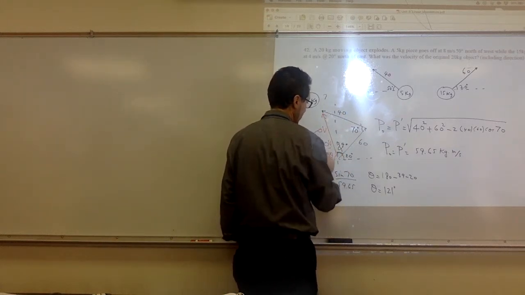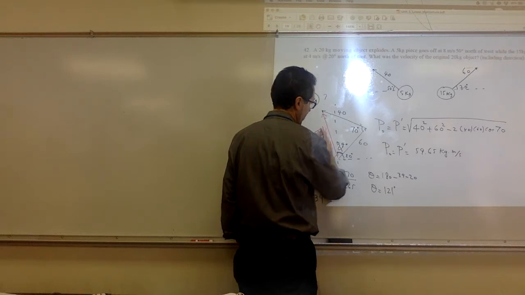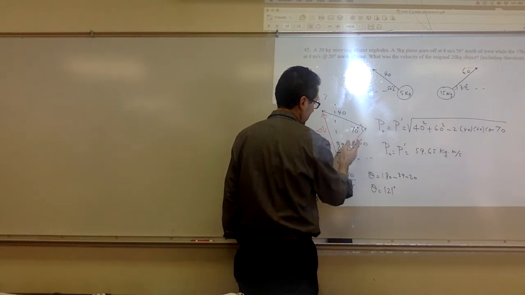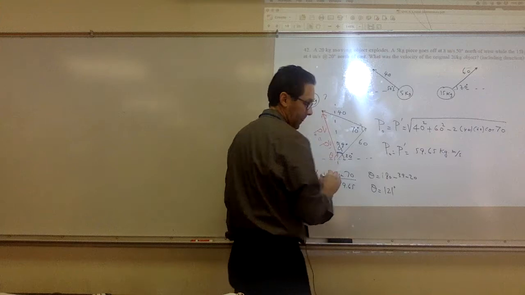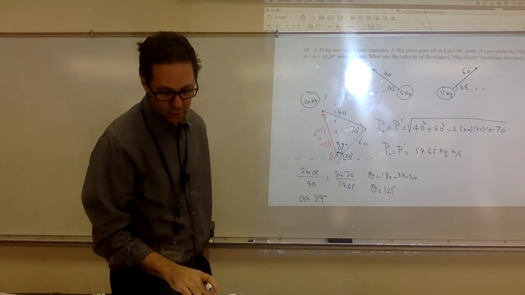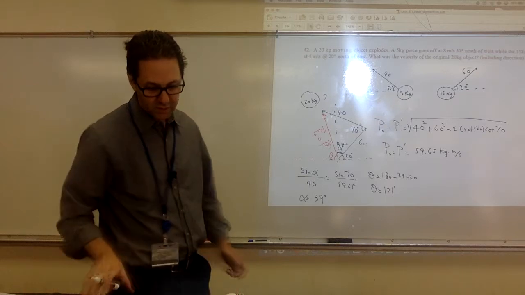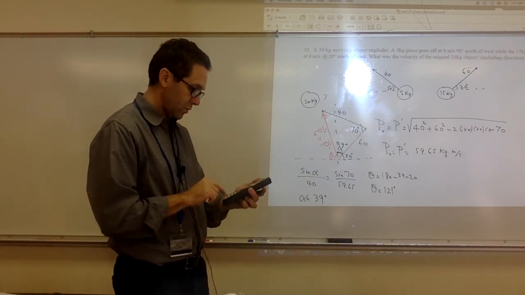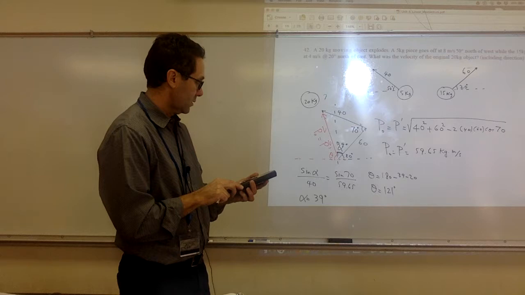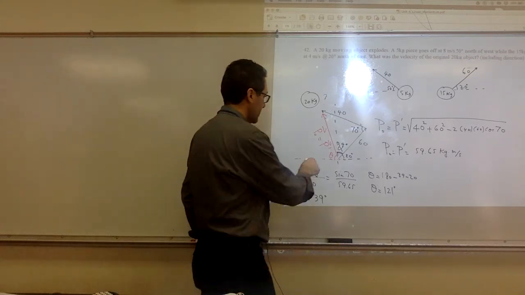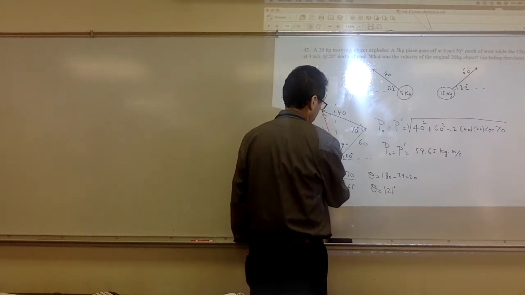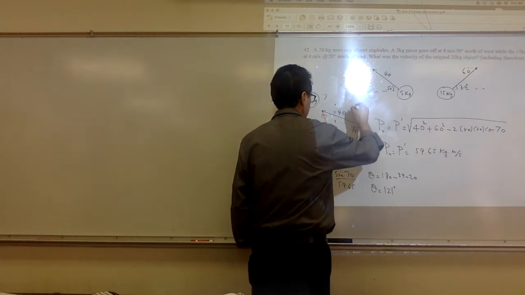So how far off am I from this line here? I have to be 121 degrees on the other side. So the angle should be roughly 60 degrees, 59 degrees actually, because this doesn't make sense, right? Let's do it this way.